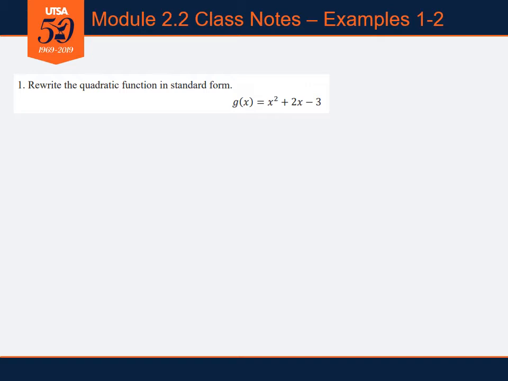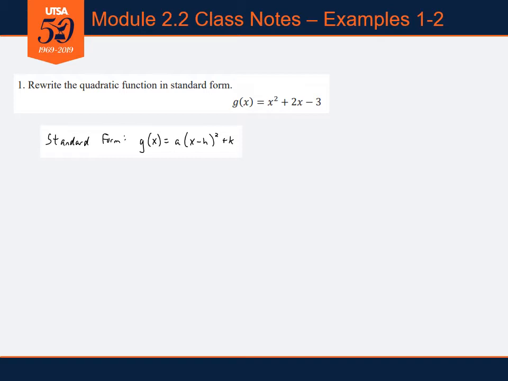standard form. So right now it's in the form ax squared plus bx plus c, the trinomial descending order form. Standard form looks like this. It's rewriting the function in the form a times (x minus h) squared plus k, where h and k represent the vertex of the parabola.